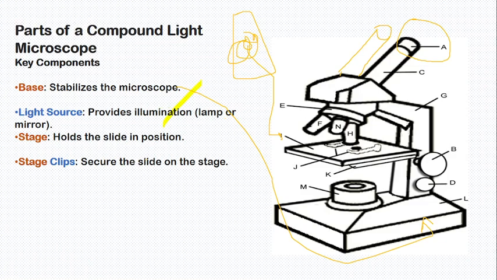The function of the stage is to hold the slide in position. Once we put our slide on the stage, it keeps the slide in position so that people can come and see it. The stage clip is just to secure the slide on the stage.